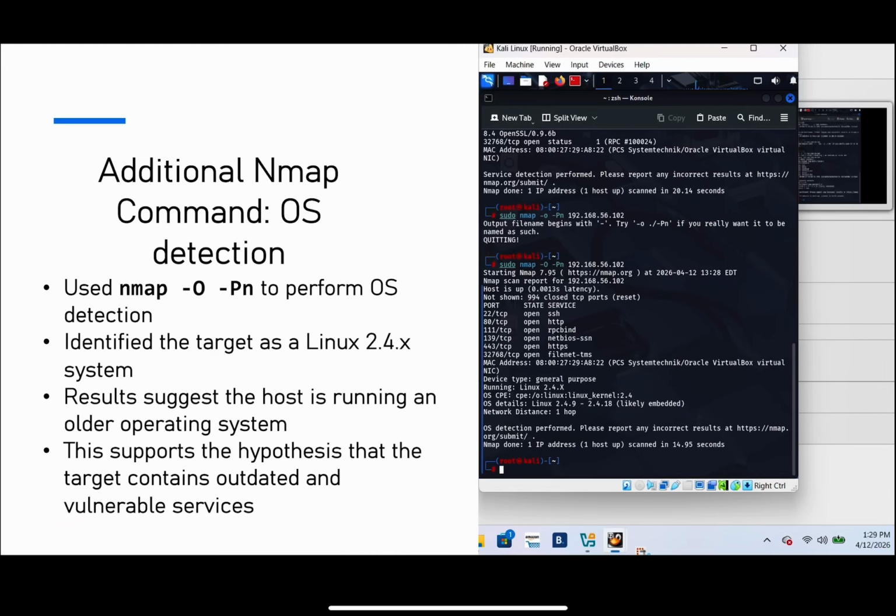The scan also showed that the host was one network hop away. This result was important because it provided more context about the target and supported the idea that the system was running outdated software. An older operating system often means a greater chance of legacy vulnerabilities and weak configurations.